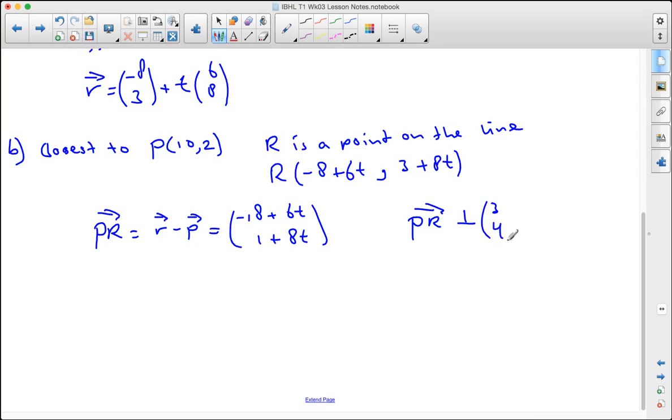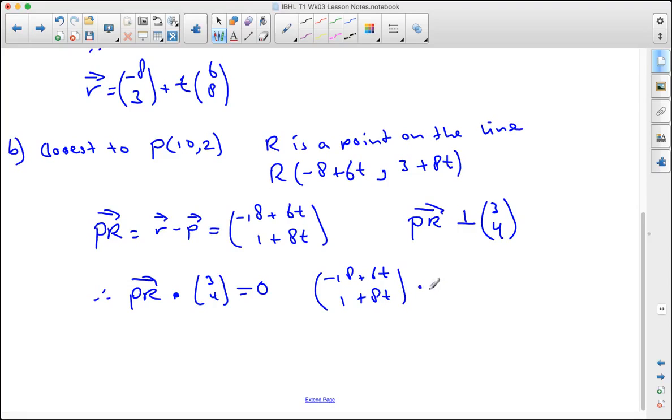We can use the other one. Now that means that PR, the dot product with 3, 4, needs to be 0. So negative 18 plus 6t, 1 plus 8t, dot product 3, 4, equals 0.